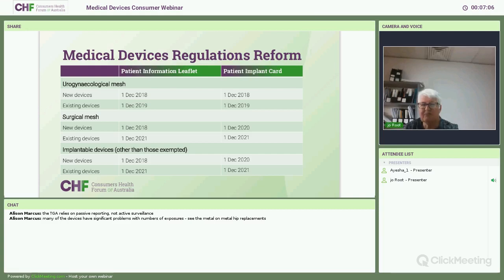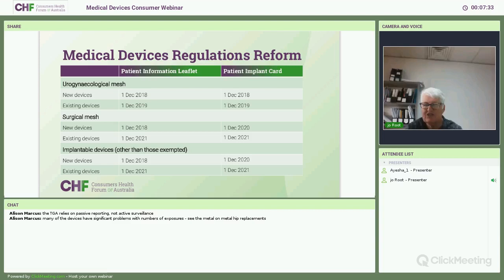In terms of the response to the review, the two key issues, apart from aligning with the European Union, was to introduce the patient information leaflet and the patient information card. And on the screen you can see the timetable for bringing in those regulations.